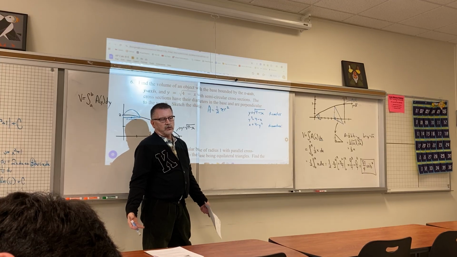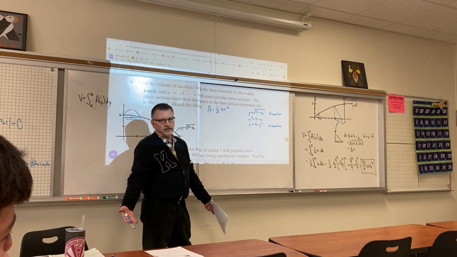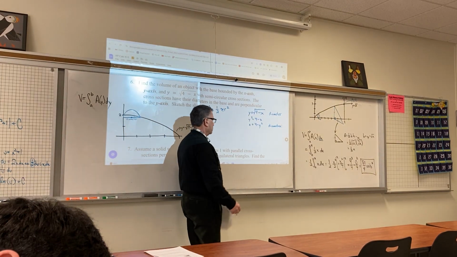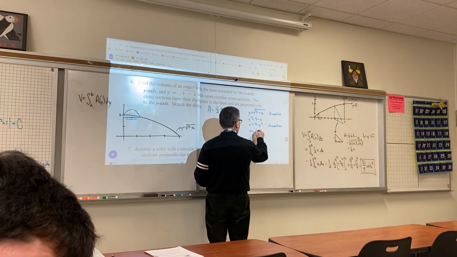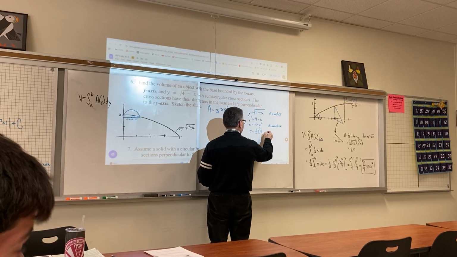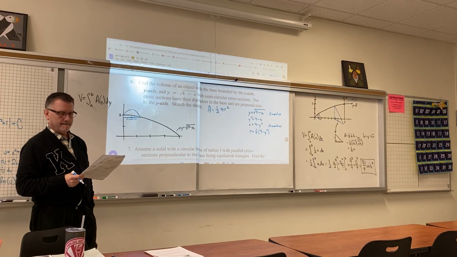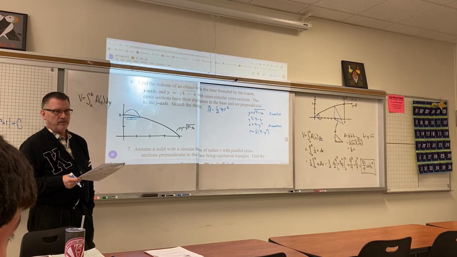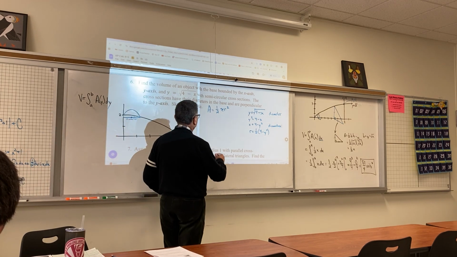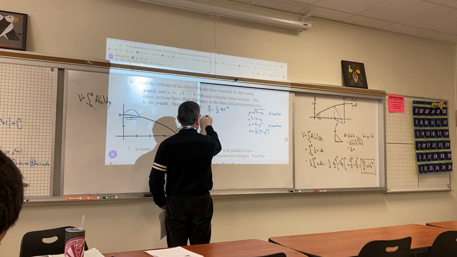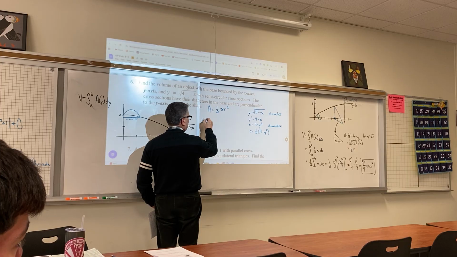My area of a circle, or a semicircle specifically in this case, I need the radius, and then plug it into 1/2 pi r squared. Oh, well, the radius is just going to be 1/2 of that. Well, there we go. I think I got everything I can plug in for my area now. That's the area, and to find the volume, the volume will equal the integral.